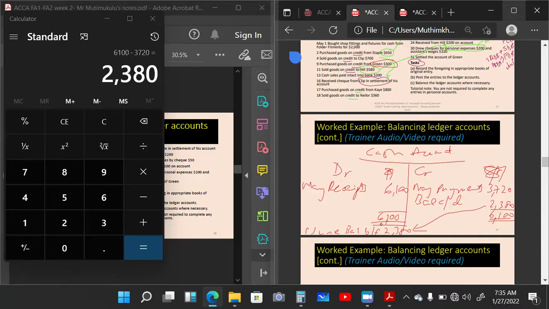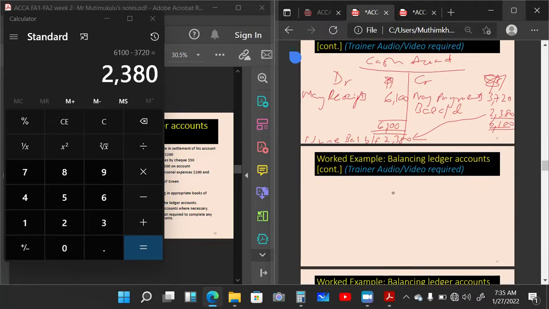Debit. Like I said, cash or assets by default should have a debit balance. This is the debit balance we are talking about. In the exam, if the examiner says, what was the cash balance for May, they are referring to this balance brought forward.